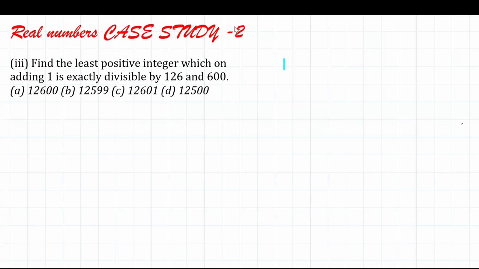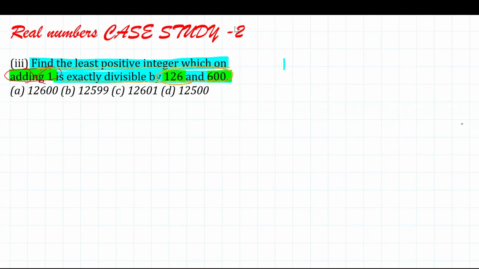In the third part, it says find the least positive integer which on adding 1 is exactly divisible by these two numbers, 126 and 600. Well, like the previous question, ignore adding 1 over here and just read it once again. What is the least positive integer which is exactly divisible by these two?